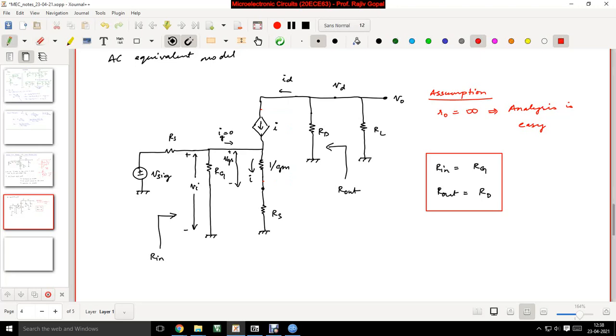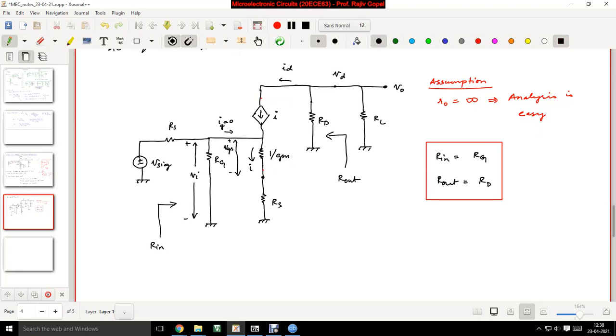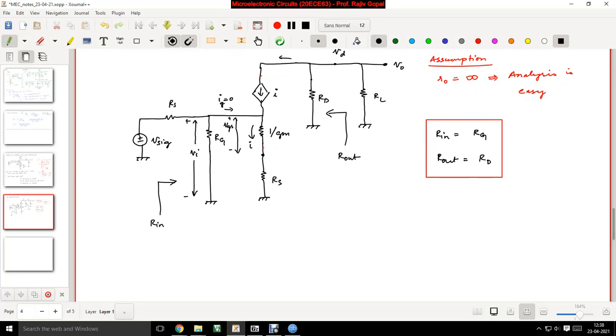Now in this, if I look at RS, and this is not RS, this is R signal. If I look at the R signal and RG configuration, they are again in a voltage divider configuration.